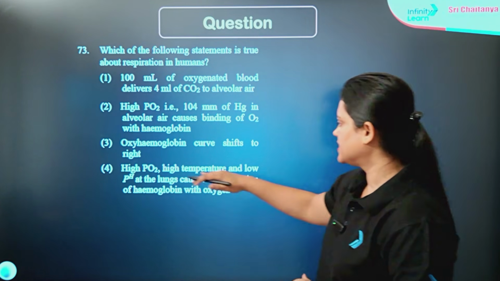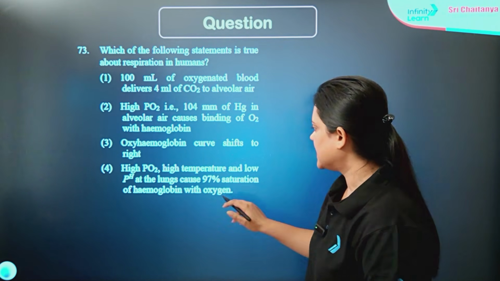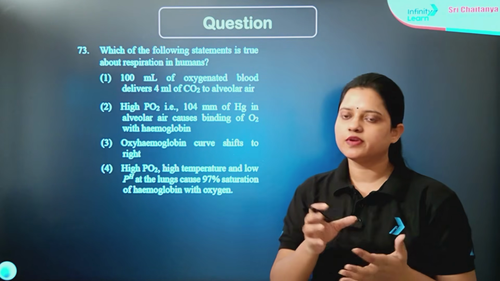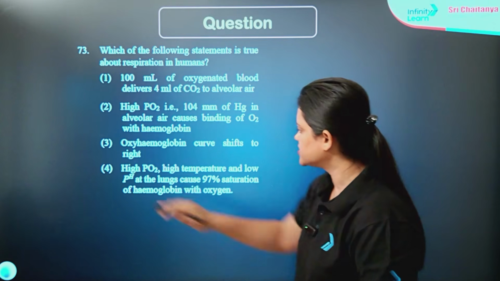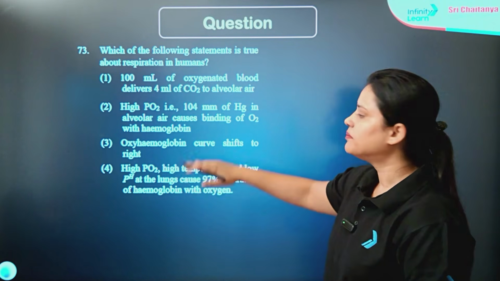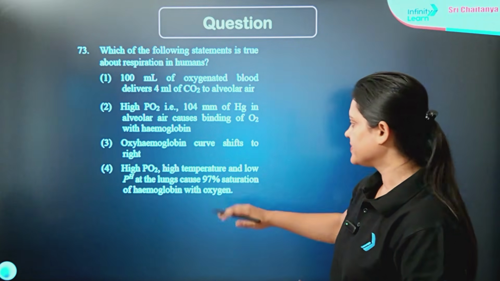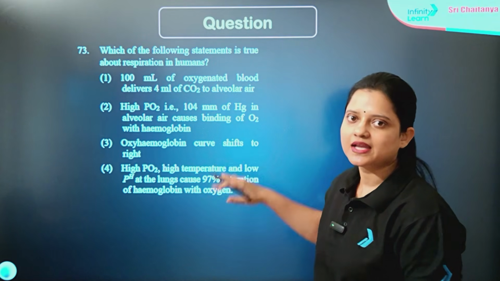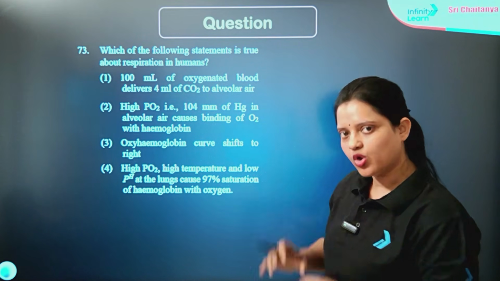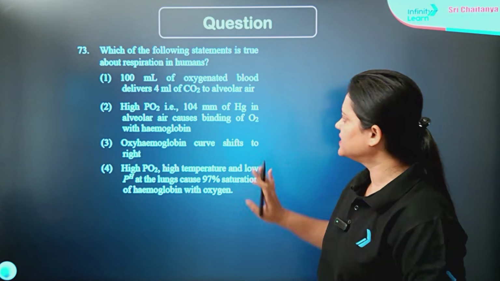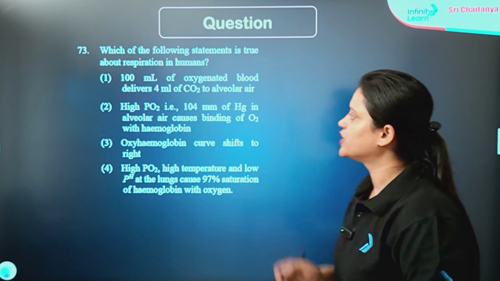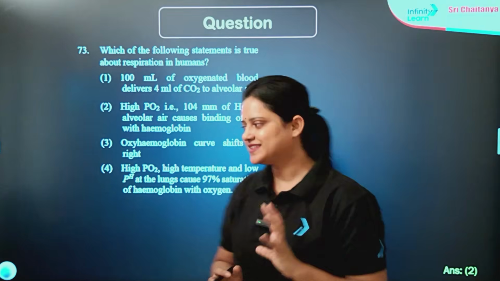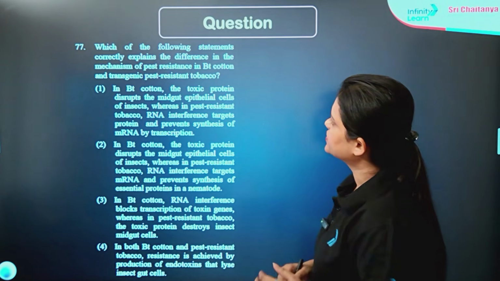High pO2, high temperature. So remember that the saturation of hemoglobin with oxygen will be because of high partial pressure of oxygen, but low temperature, and pH should also be high. Okay, H plus ion should be low and pH should be high. Remember, this is wrong. So correct answer for this question will be 2, right? Let's move on to next question.